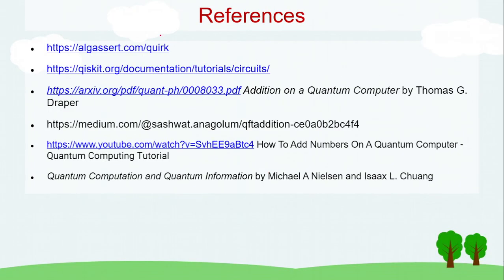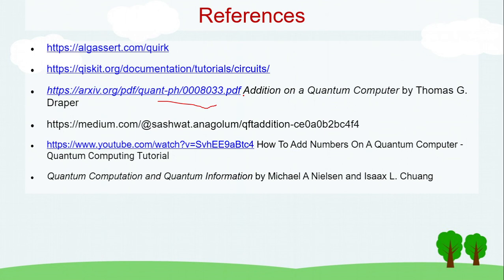So these are all the references. This you have seen, of course, it's not really a reference, it's a tool, you can use it. And this is an ultimate reference. We have to thank IBM for giving us the quantum computer simulator and excellent documentation. Please go through that. And this is the paper which talks about the quantum way of addition.